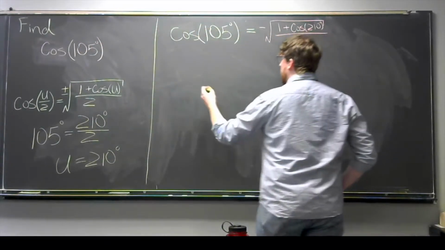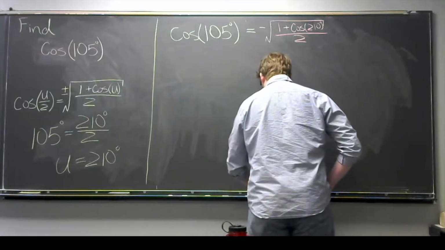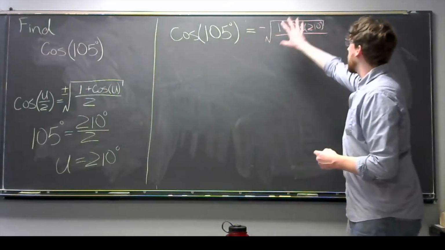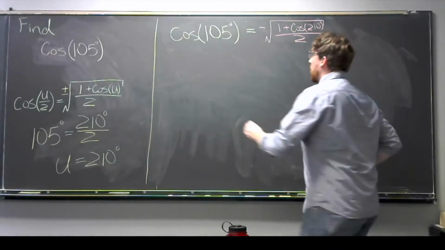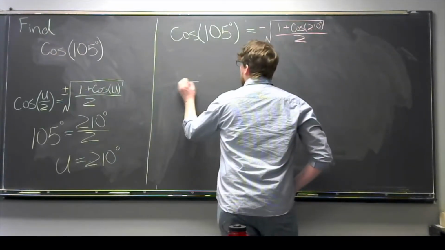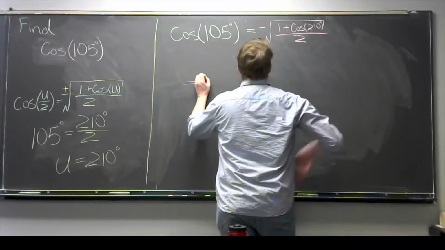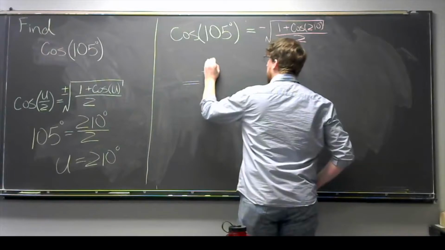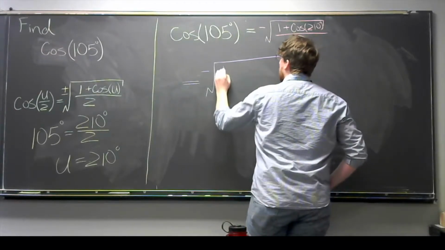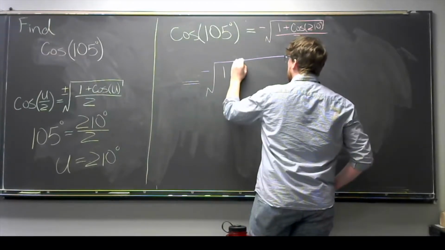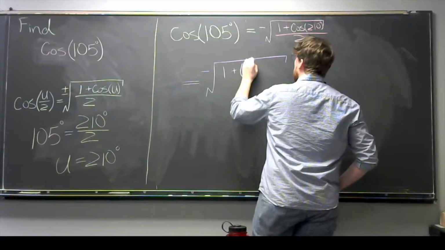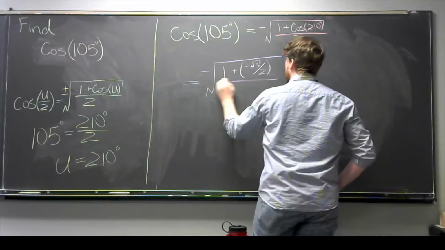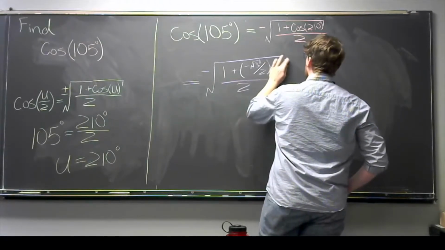Okay, so we can now fill in some more of what exists underneath our radical. What I mean to say is we can now rewrite this as negative square root of 1 plus negative square root of 3 over 2, that entire quantity over 2.